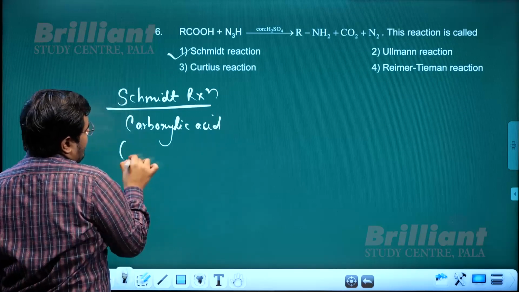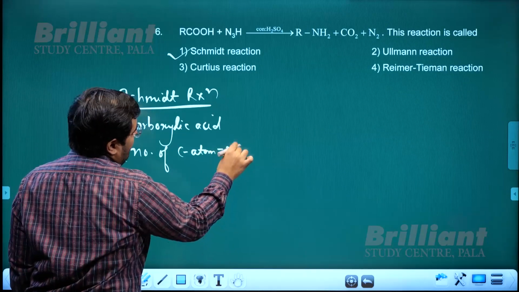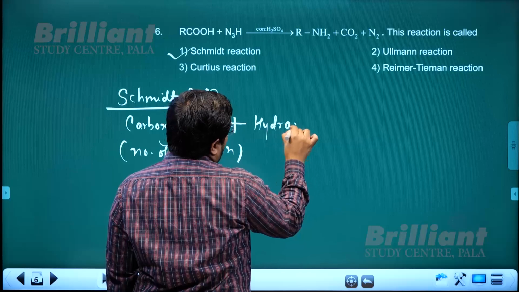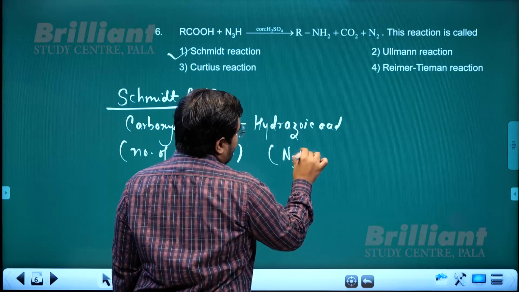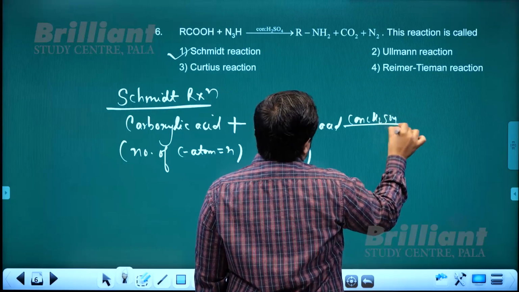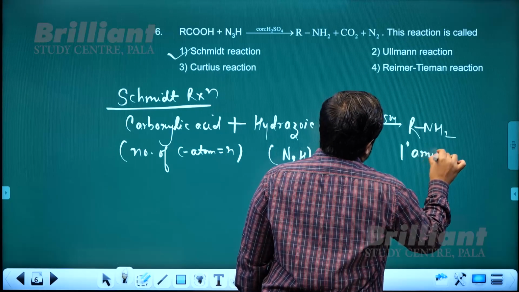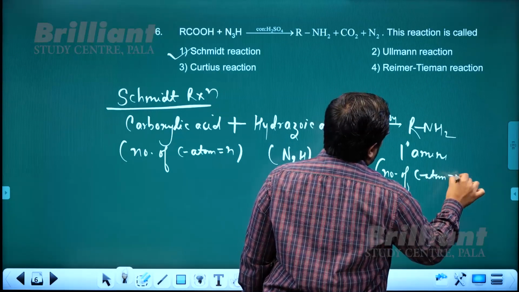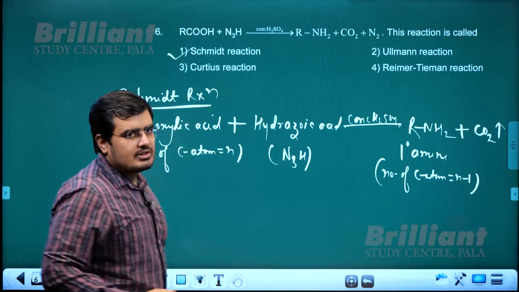Let's say this carboxylic acid has the number of carbon atoms equal to N. Then if you treat it with hydrazoic acid, hydrazoic acid here will be N3H, in the presence of concentrated sulfuric acid, then you are going to get a primary amine with number of carbon atoms equal to N minus 1, as one of the carbons of the carboxylic acid group leaves as carbon dioxide.